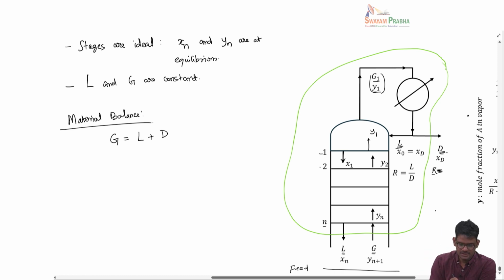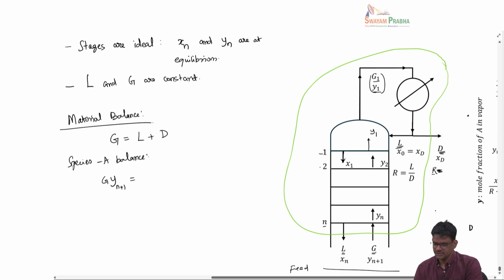Okay, and then we will do a species A balance. So G times y_{n+1}. This stream G has a composition of A with a mole fraction y_{n+1}.